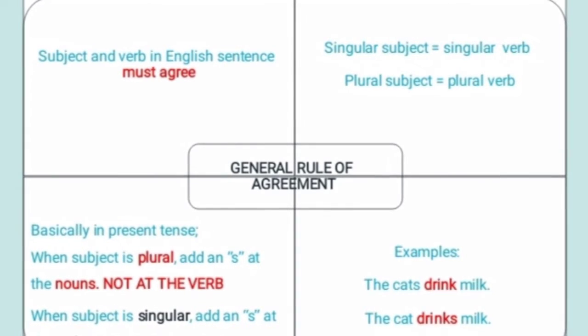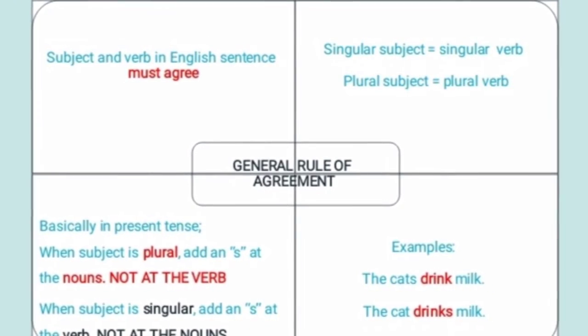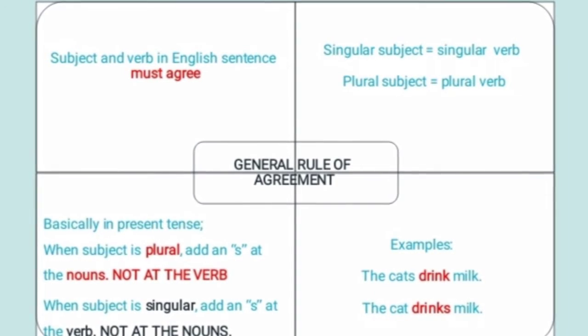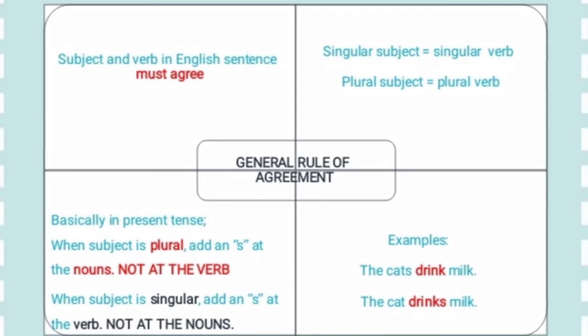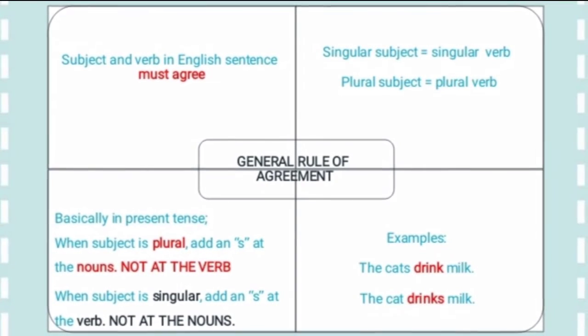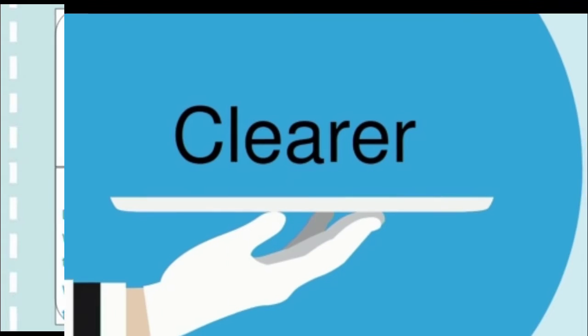Subject, who is performing the action, and verb, what the subject is performing, in an English sentence must agree, where a singular subject must have the singular verb, and the same goes with a plural subject, it must have the plural verb.